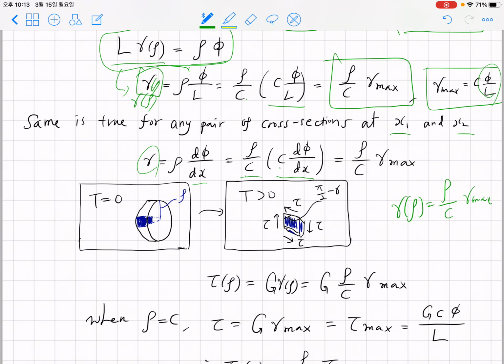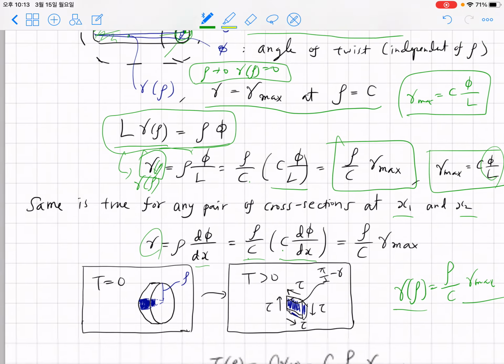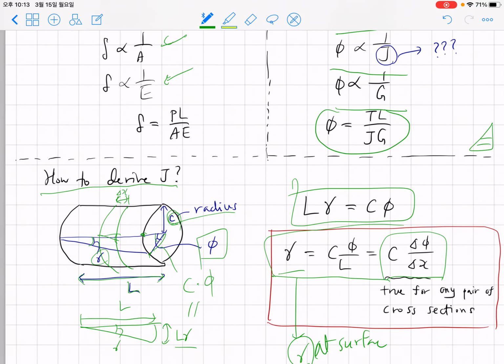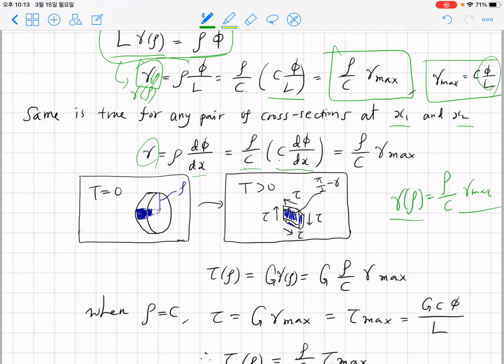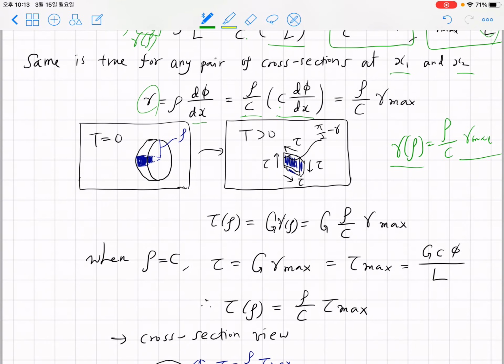So the shear strain must be 0 at rho equals 0. Shear strain at rho equals C, which is maximum, will be the same as gamma max. And gamma max we obtained from the previous page is defined as C times phi over L. So this is what we have done.